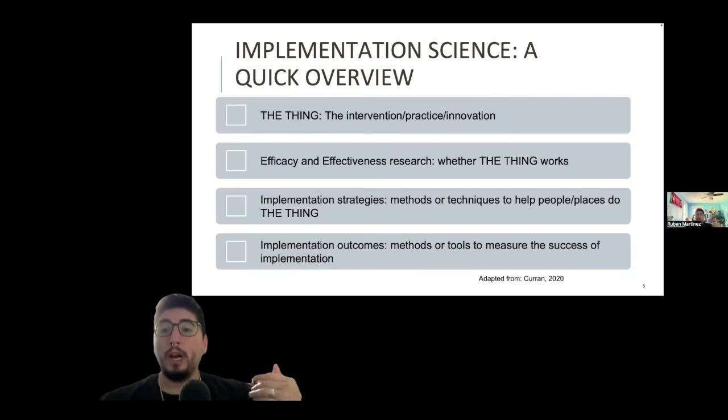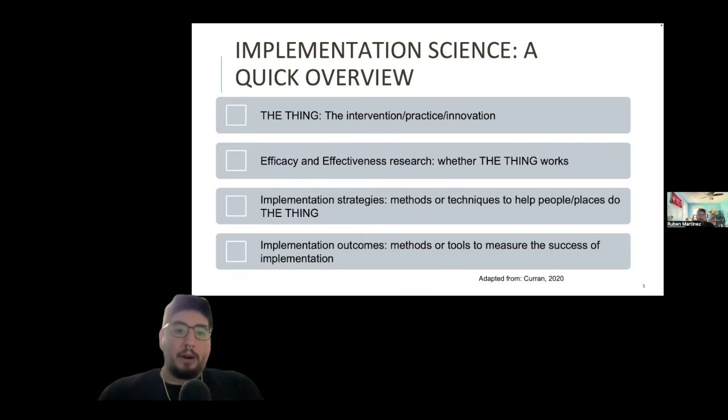We're asking, can we help clinicians, practitioners, nurses, and others use the thing better, use it more, deploy it with more quality or consistency? Those implementation strategies are the methods or techniques to help people or places do the thing. Implementation outcomes, on the other hand, are methods or tools that measure the success of implementation.